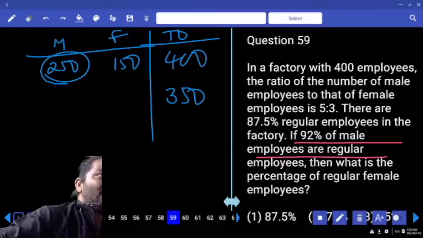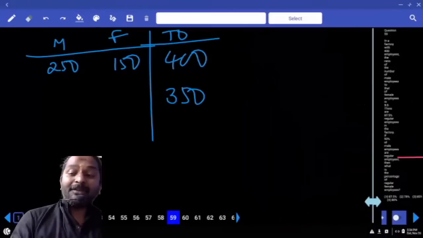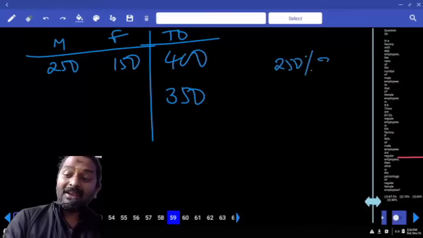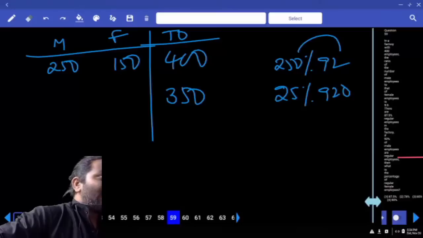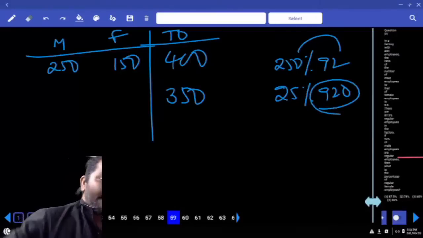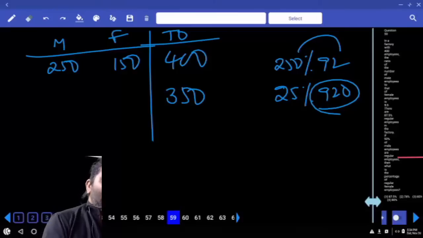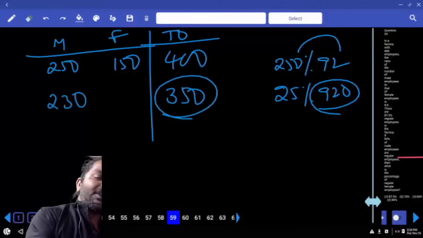Come on. 92% of 250 or 250% of 92 or 25% of 920. I am just changing the zero, which you know already. Now 25% in the sense 1/4, or half and half only. Half of 460, again half, 230. So 230 males are there out of 350.